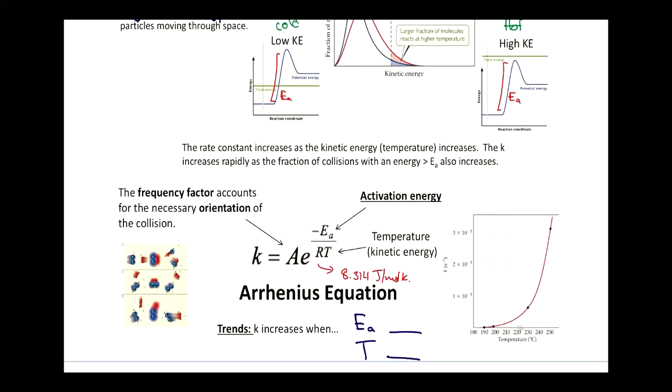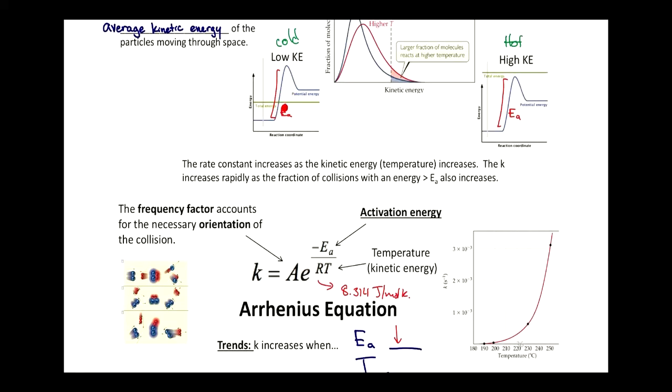So what's important in this equation is the trends that come out of it. How can we change k? A is a constant for the most part, so that doesn't really change. But activation energy can change going from reaction to reaction. So k becomes bigger and reactions become faster when activation energies are small. Or I like to think of it this way.